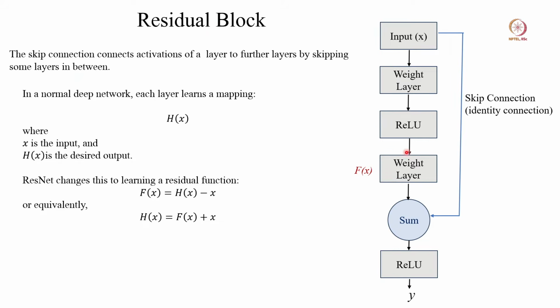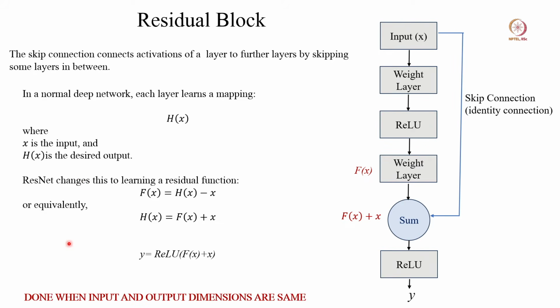Now, where is my F(x)? F(x) is here, and this is my F(x) plus x, because my x is getting added to F(x) here, and my output function is a ReLU activation acting over F(x) plus x. So, this is the concept of the residual block used in ResNet architectures. This is done when the input and output dimensions are the same.